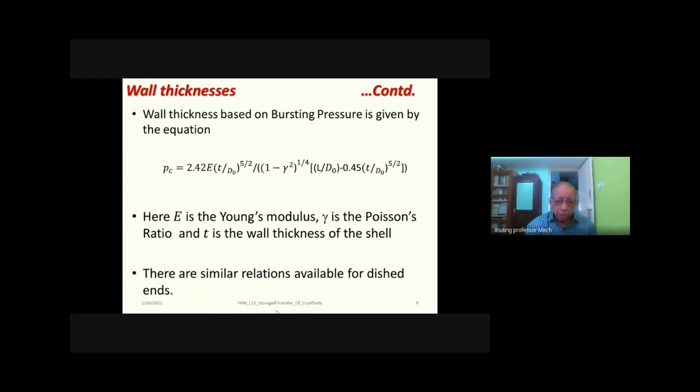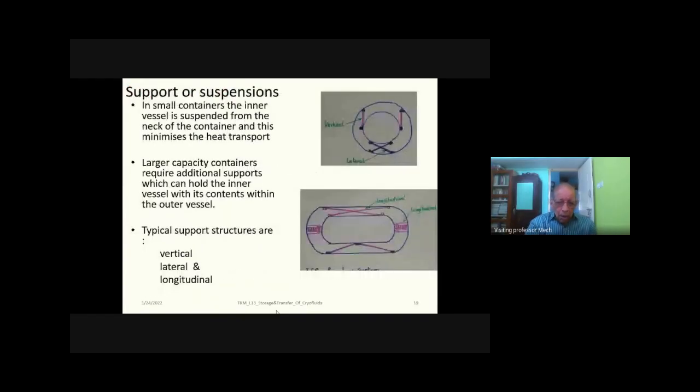So here you use the Young's modulus, Poisson ratio, and the wall thickness of the shell, etc., and then you calculate. A similar type of calculation can also be done for the dished ends, wherein the wall thicknesses may be somewhat smaller in such cases because they already have elliptical shapes.